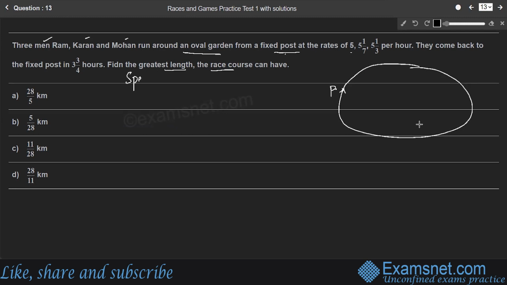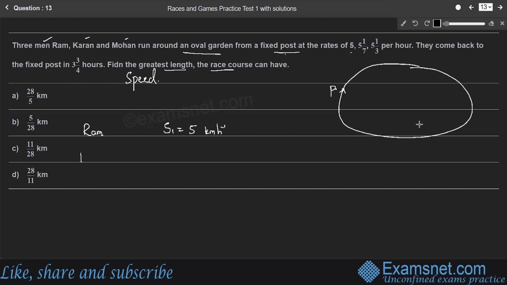We'll consider speed of Ram as S1, right? Which is 5. 5 means 5 units. So it may be kilometer per hour or meter per hour, right? So 5 units per hour. For our convenience, we'll consider it as 5 kilometer per hour, right?